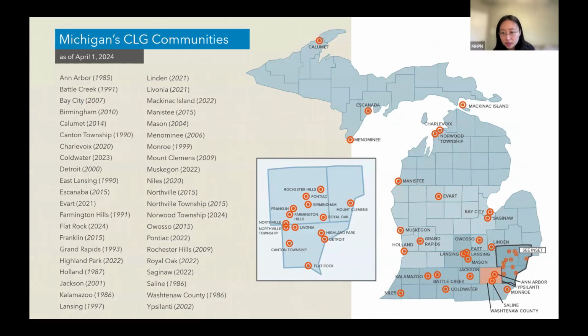Looks like somebody just had a question in the chat box. Why do you think there are few CLGs in the middle and upper part of the mitten? Yeah, I was actually just talking about this with one of my colleagues here, and I think a big part of it is capacity.